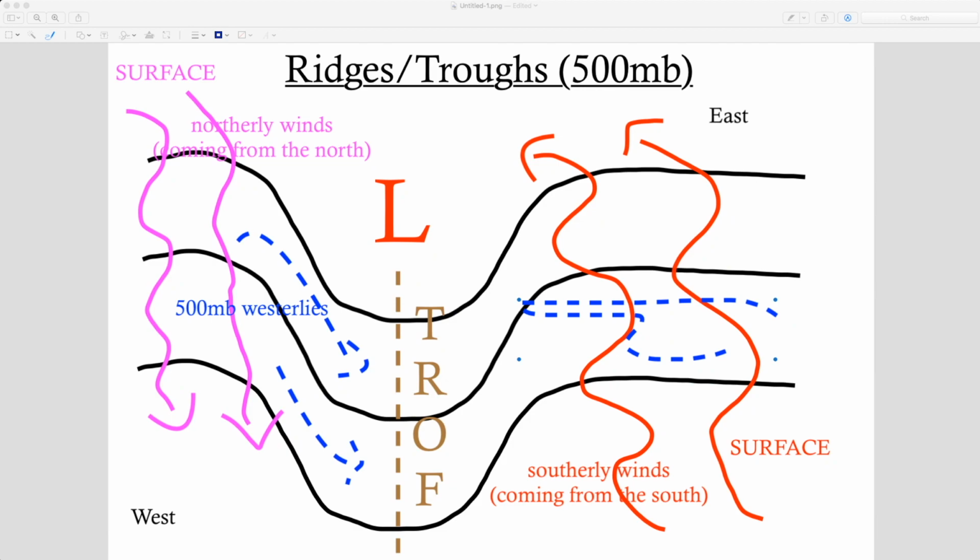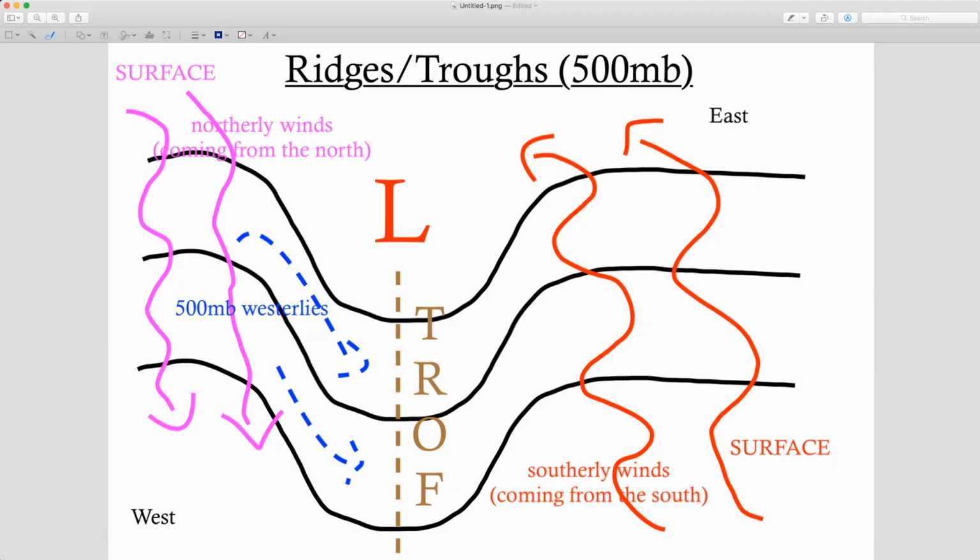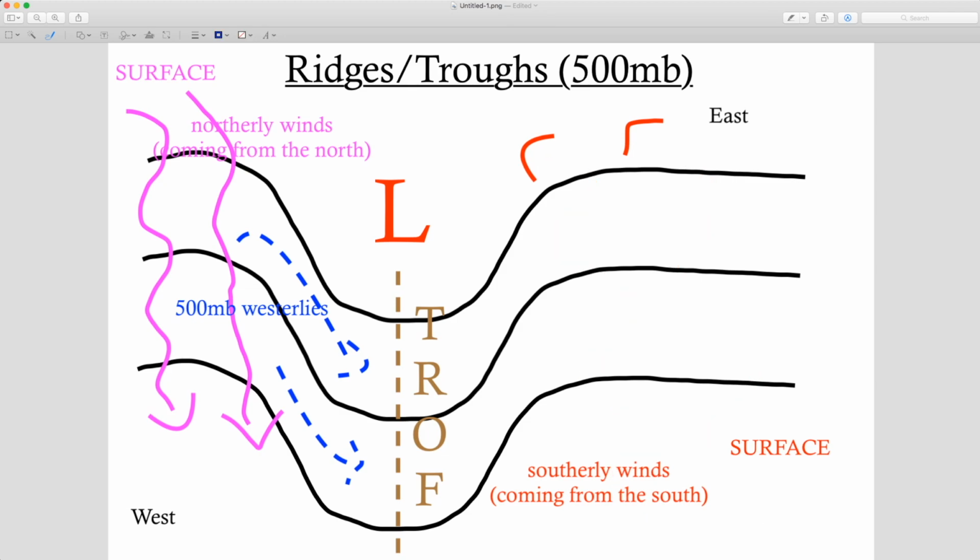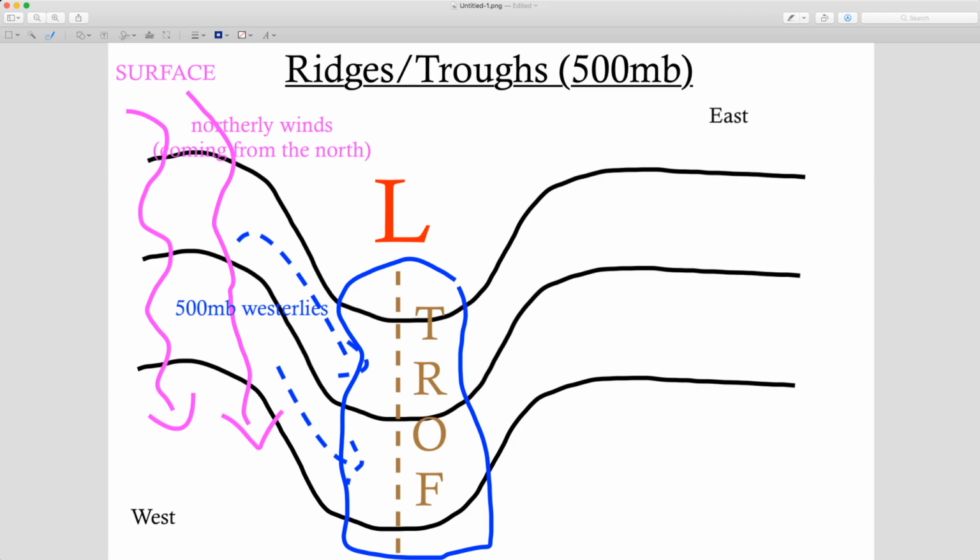I'm going to erase all of these, but basically keep in mind this surface. Okay, you see our surface southerly winds here in red. This is how you find the ridge. I'm going to erase them because it's going to get very confusing. It's going to be similar. Like we found the kink in the isobars going towards the south, you just do the inverse for the ridge.